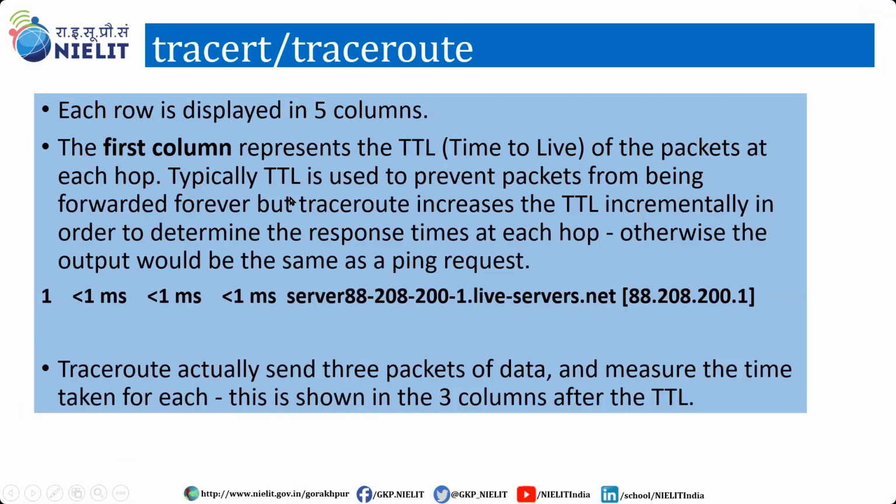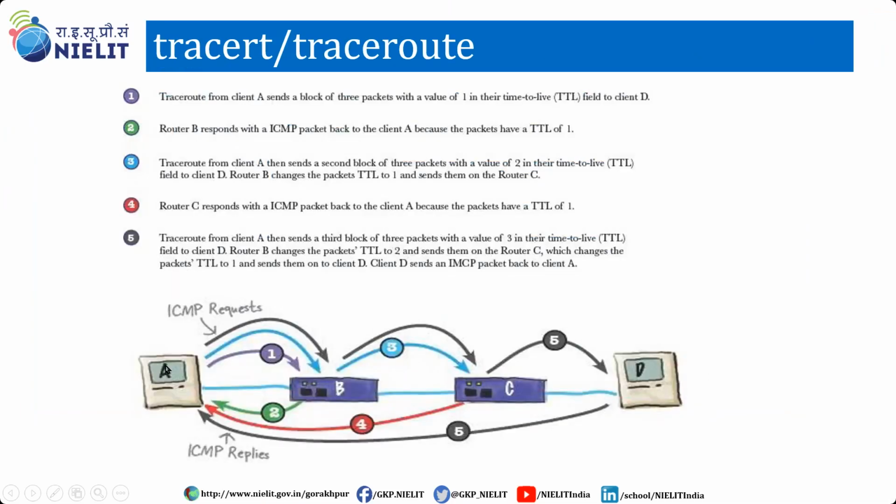So from this diagram, let us verify the traceroute function. Suppose A is my machine or laptop and D is the destination. We are running the traceroute command, which depends on ICMP. So three IP packets are created, ICMP packets with TTL value 1.